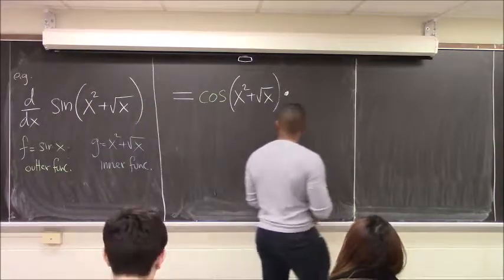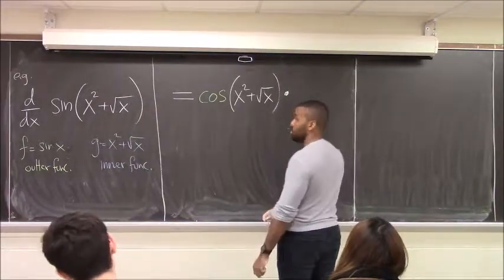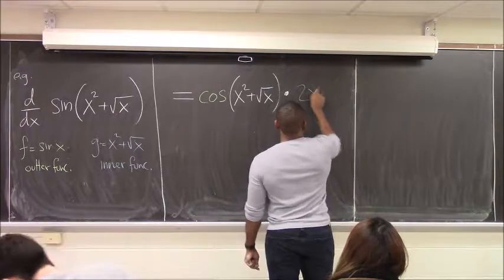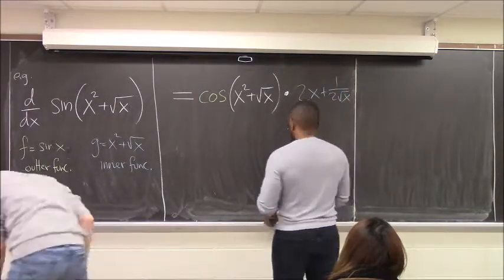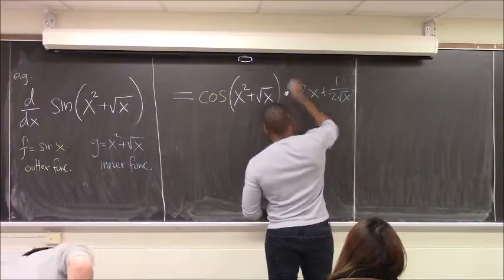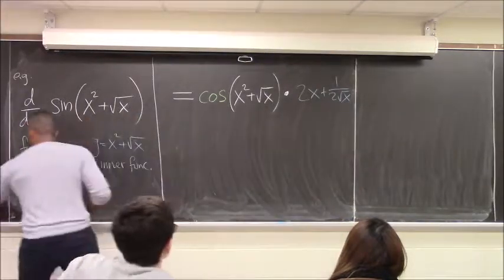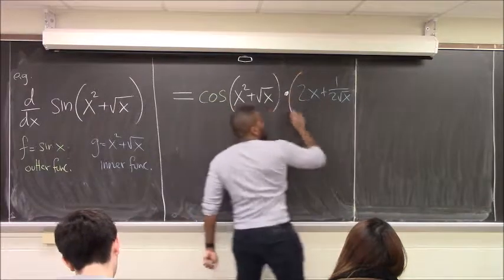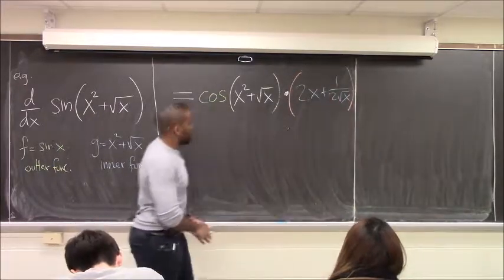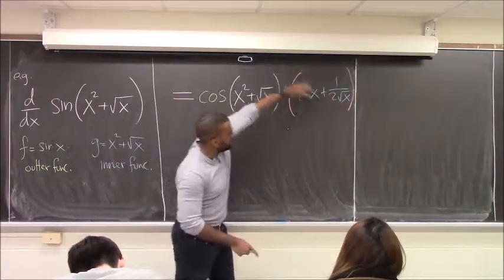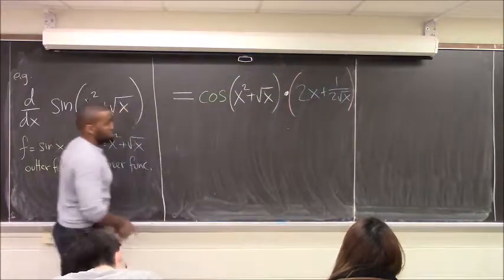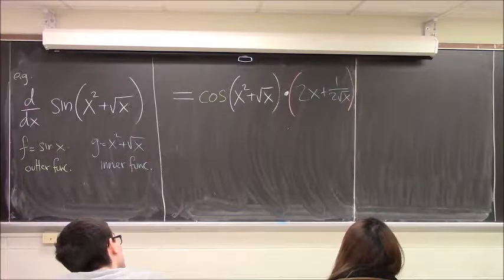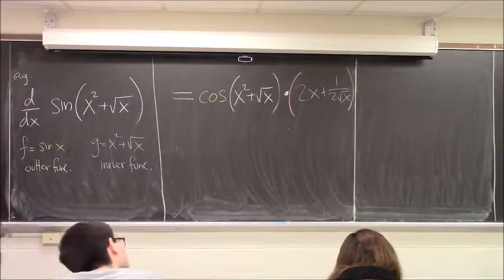And what's that going to be? 2x plus 1 over 2 root x. It's very important that you know there should be parentheses here, because the distributive law is still a thing. You'd have to take the cosine times 2x plus the cosine times that other term if you wanted to flesh these out. So you do need the parentheses here. But ultimately, that would be your derivative.